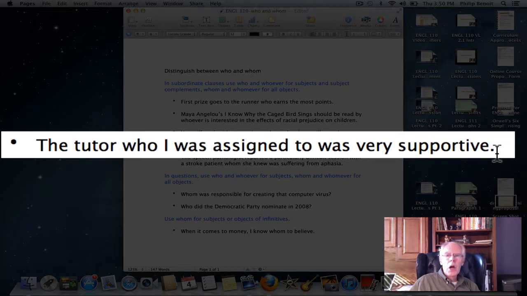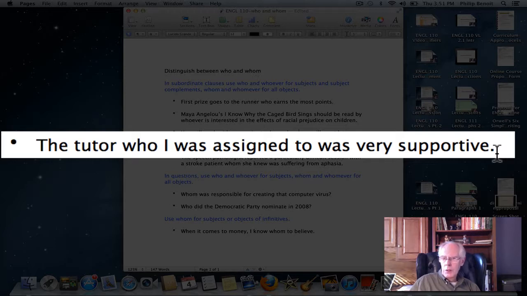Here's another example. The tutor who I was assigned to was very supportive. Okay, we've got a situation here where we're separating the use of who from its object, from its preposition, as an object from the preposition to.